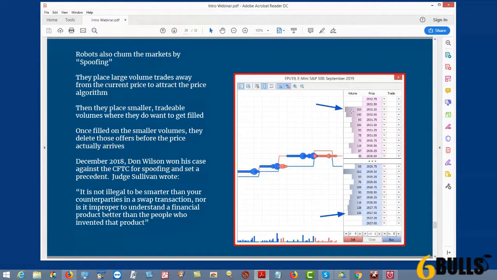And because it's an algorithm, it says, oh, look, I have all these contracts that are ready to sell at this price. I better go get that price. So it starts to move up. Well, what happens with the robots, because they're pretty smart and their algorithms are pretty heavy, after about 3 ticks, wherever it is that they wanted to get out, they sell whatever it is they were trading live, and then those contracts they put up at the higher value, they just kill those.